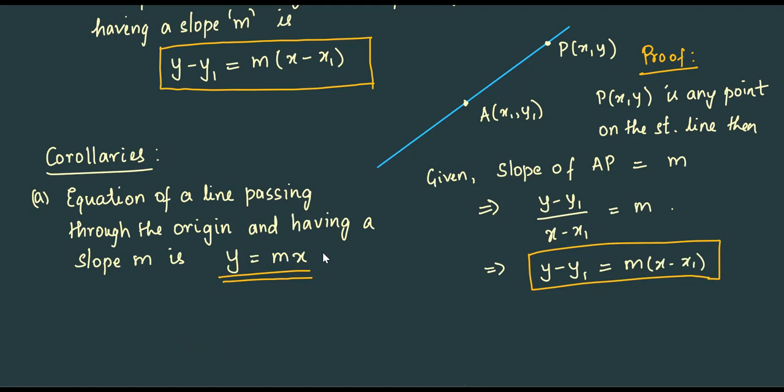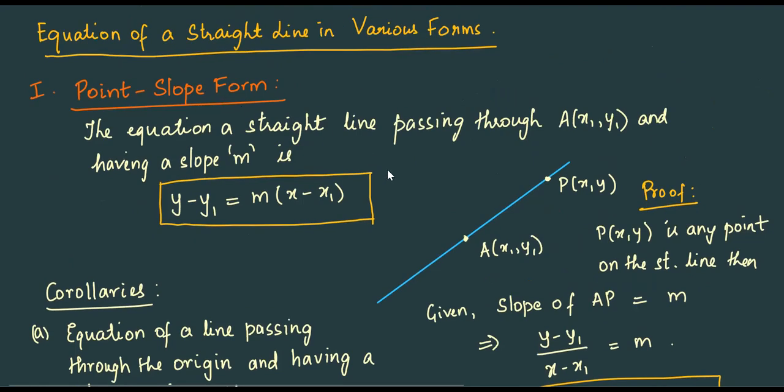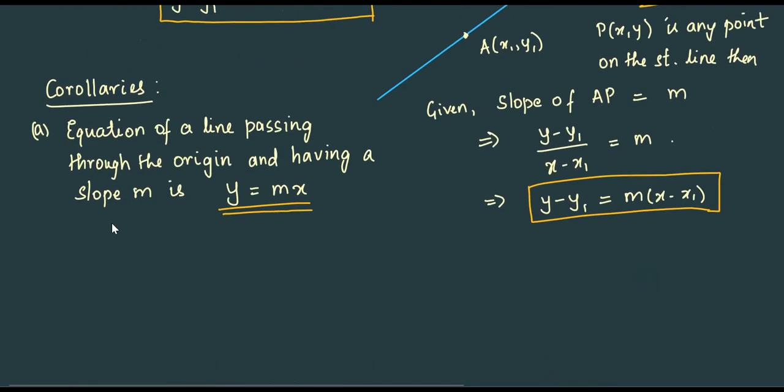So if there is no constant term, then the line passes through the origin, y equal to mx. That means x1 comma y1 you are replacing with 0, 0. So passing through origin 0, 0.